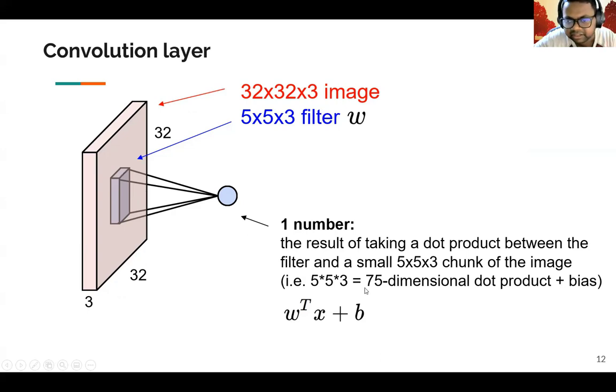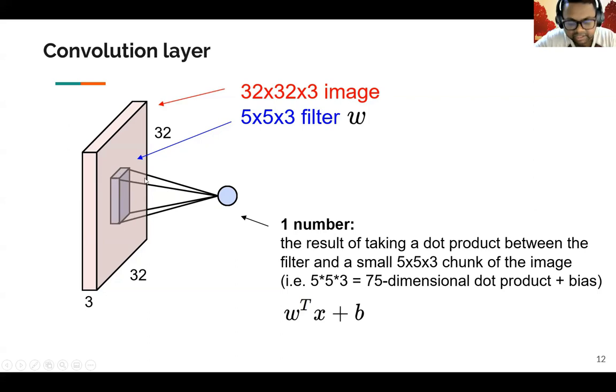And you can perform this computation and give one value. By the way, it's not 3-dimensional, but it is a 1-dimensional bias. This is going to give you one value, and this one value will be representing this 5 by 5 feature.